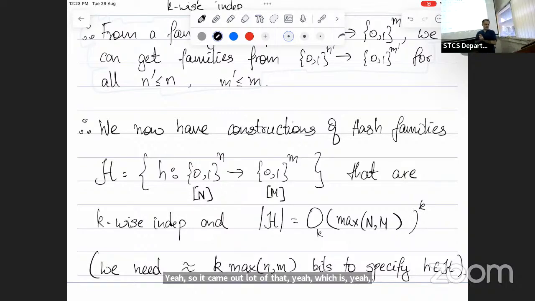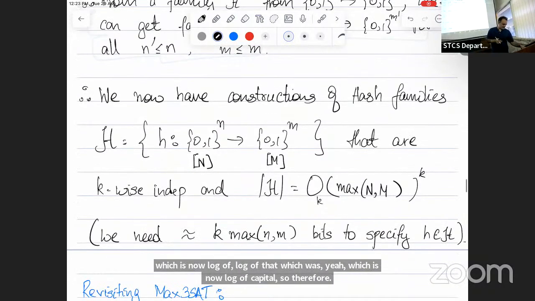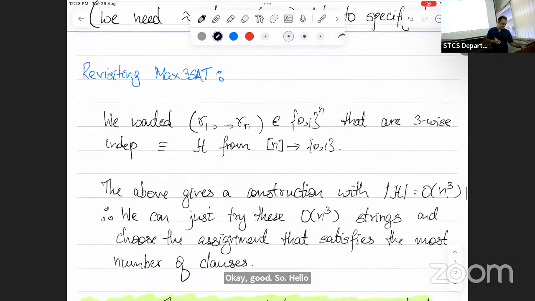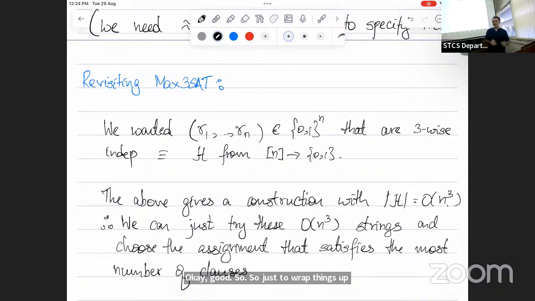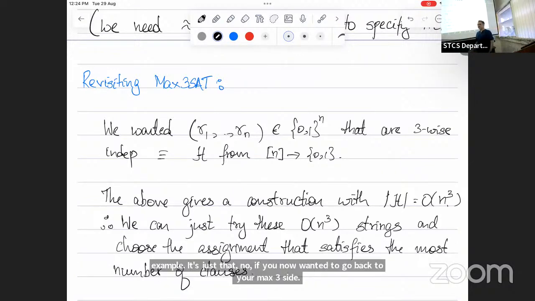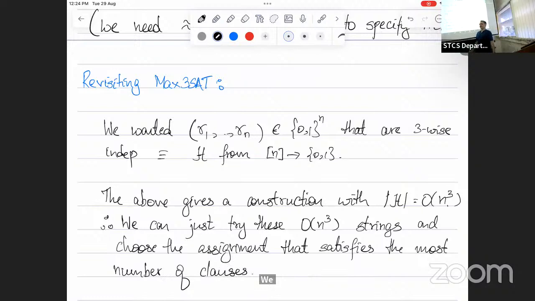okay, good. Just to wrap things up with one example: if you now wanted to go back to your max 3-SAT, we mentioned how you can de-randomize it using the method of conditional expectation. Now you know how to construct 3-wise independence.